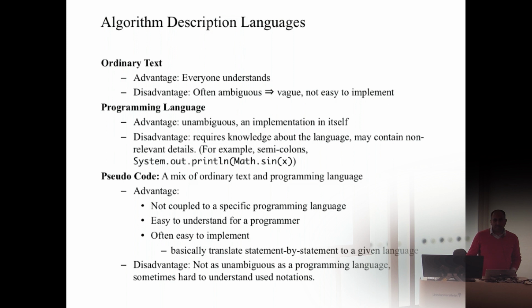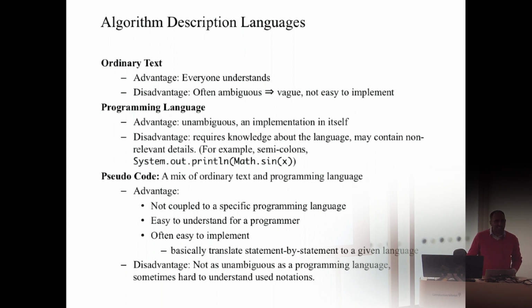Another choice is a programming language, and the advantage of a programming language is that there is no ambiguity. Whatever you have written must be very clear, and you don't need to transform it into a program. It's already a program itself. But the problem is that if you have written an algorithm in Java, then everyone should know Java to use that algorithm.